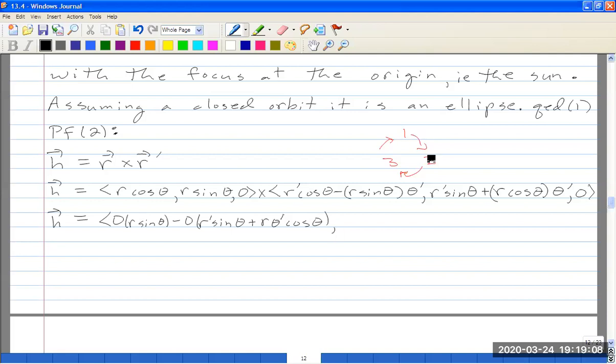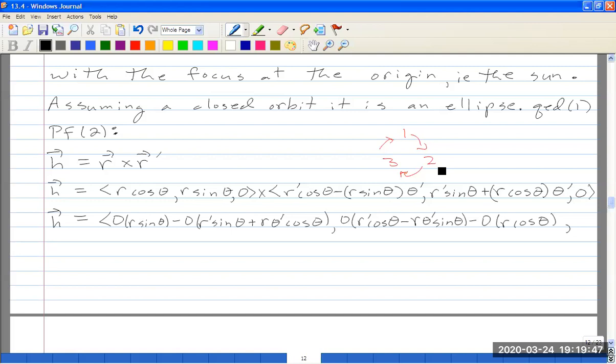Okay, so now that was that. So next is 3, 1. So 3, 1. So 3 is 0. R prime cosine theta minus R theta prime sine theta minus 1, 3. So 1, 3 is 0 again. 0 R cosine theta. Okay, and then 1, 2.